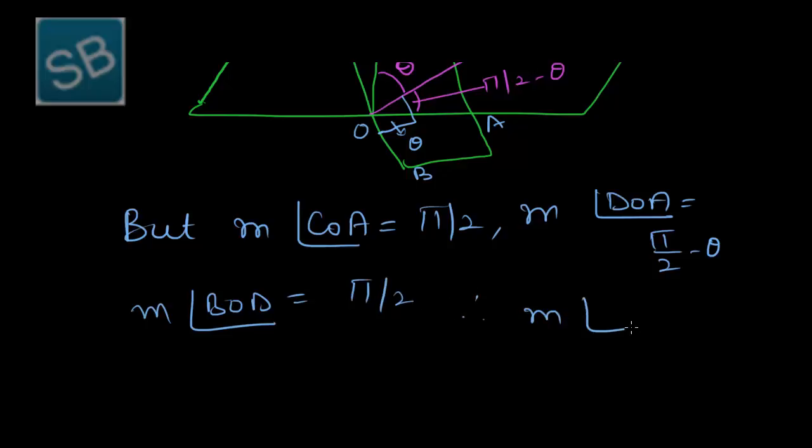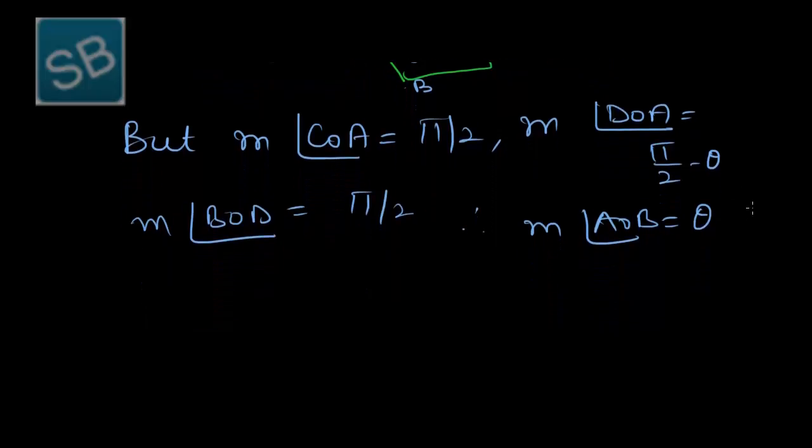Therefore, the measure of angle AOB is theta. That is the angle between two planes. This is plane 1, this is plane 2. So this is the same angle as the angle made between normals. Hence, the angle between normals is the angle between planes.